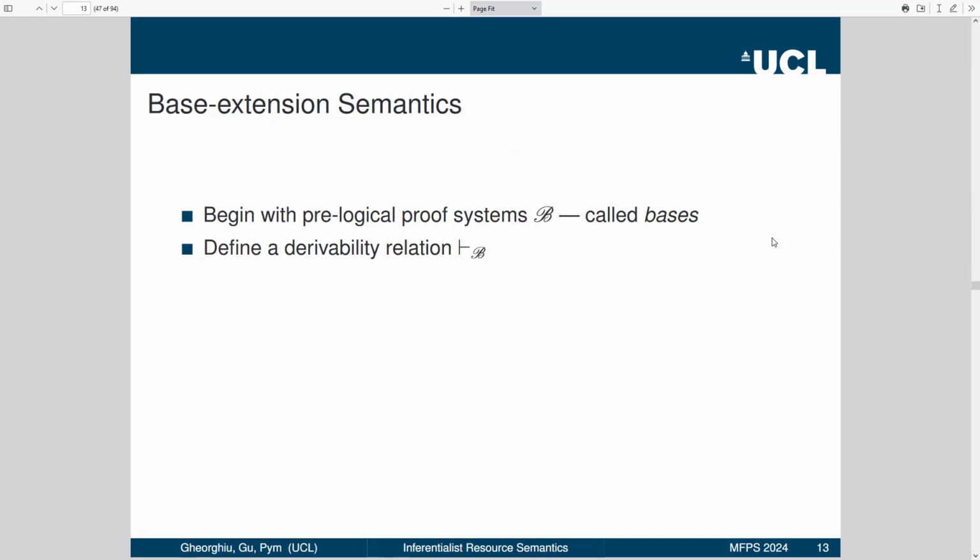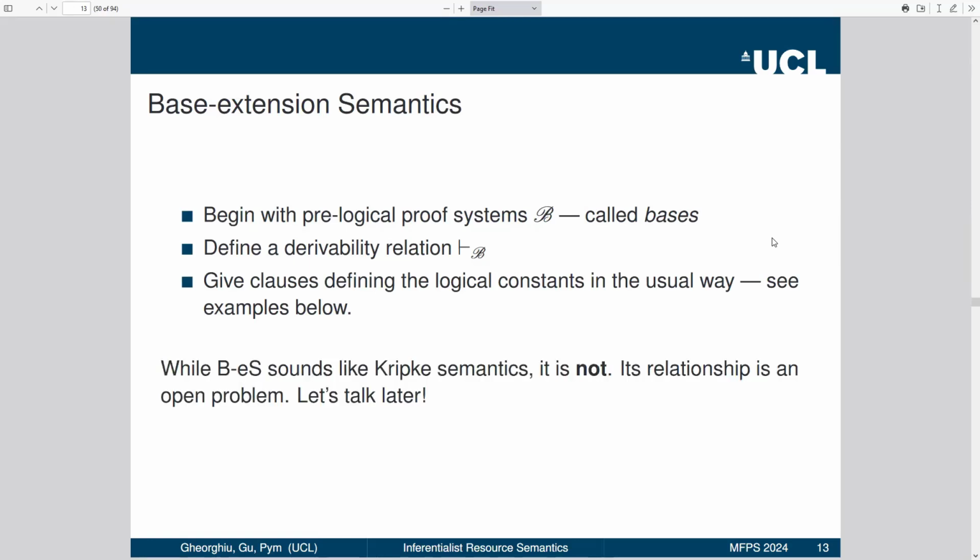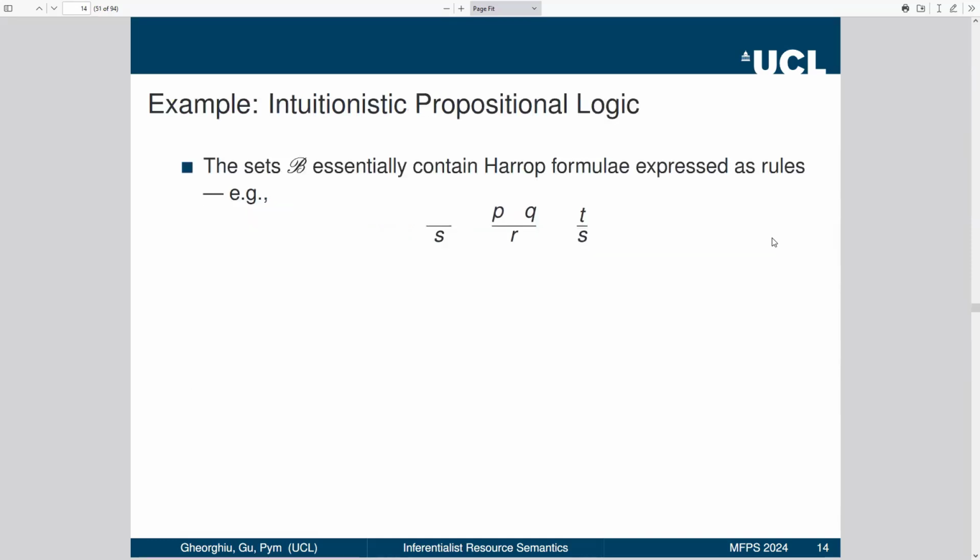From these, you define a derivability relation. That's what makes this proof-theoretic. Then you give clauses in the usual way you're familiar with in Kripke semantics. So it can look surprisingly close to Kripke semantics, but it's not exactly the same. We can talk about that later.